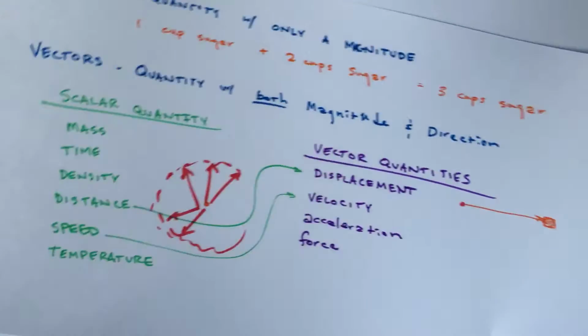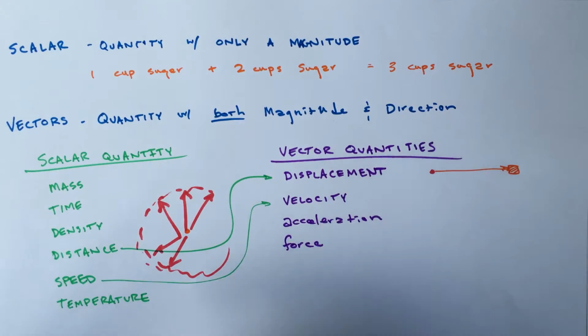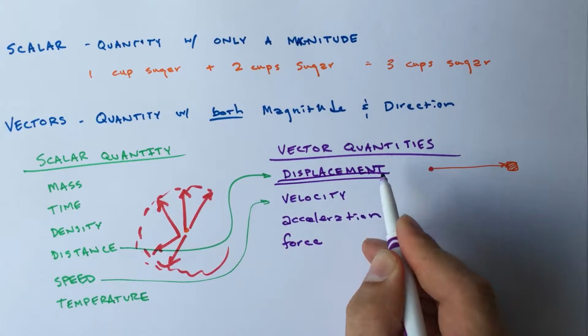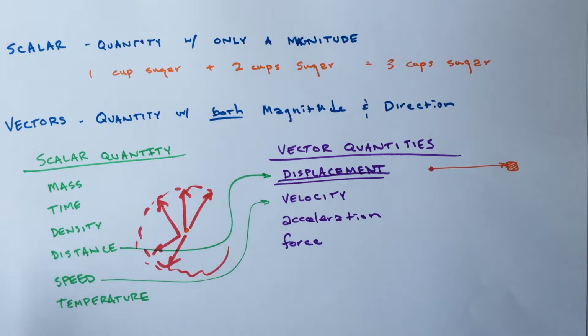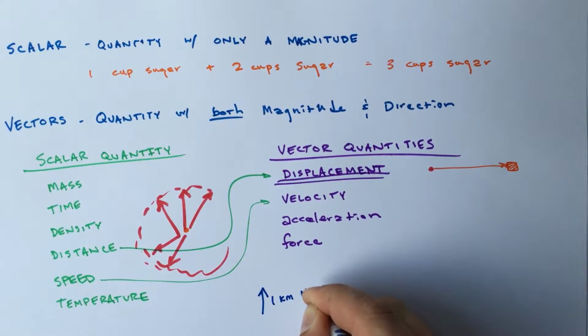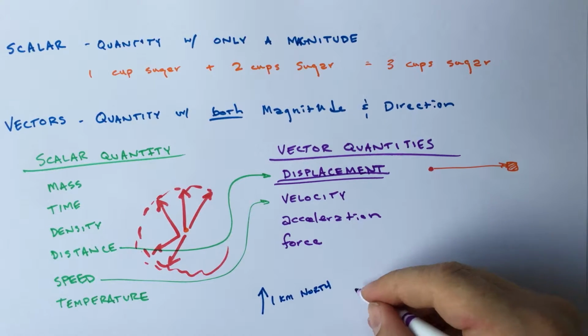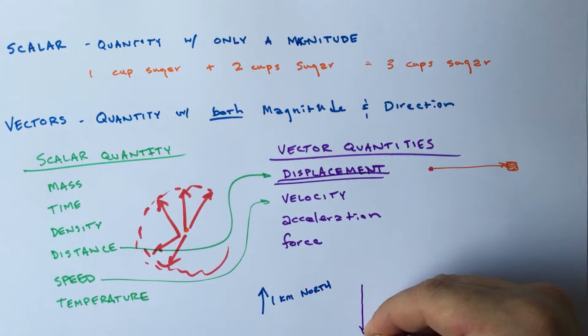In order to represent vectors, in contrast to 1 cup of sugar plus 2 cups of sugar is 3 cups of sugar, if I was to take a look at displacement and say, well, if I took a hike and I went 1 kilometer north, then from that point, I went 2 kilometers south.